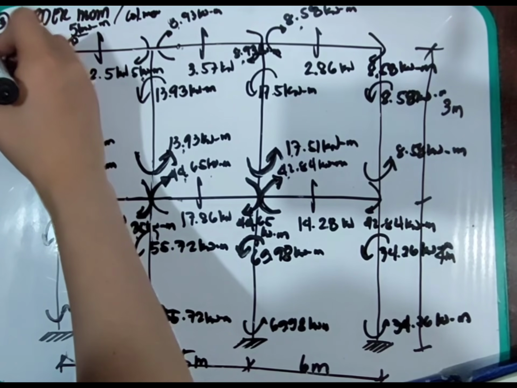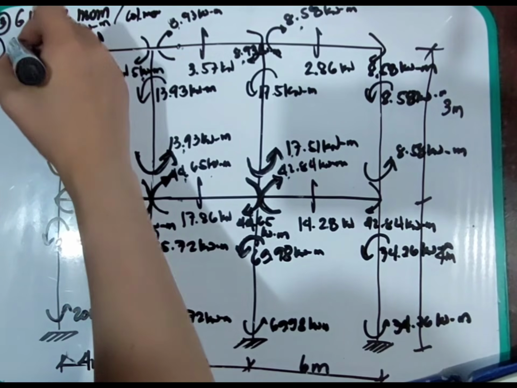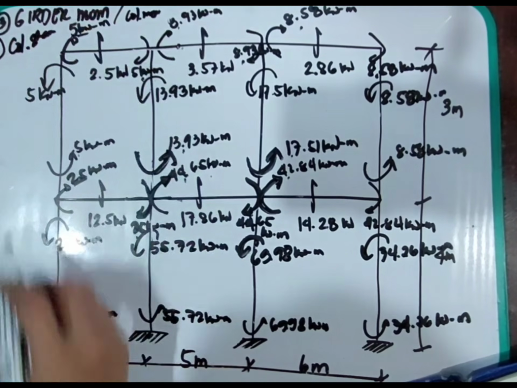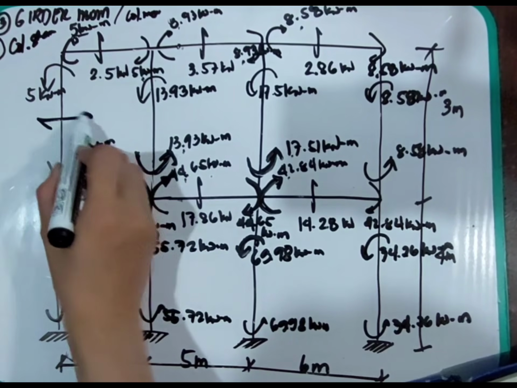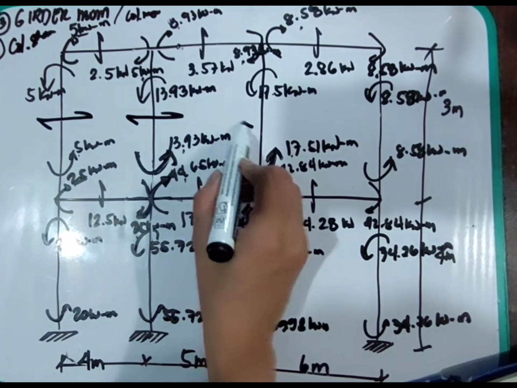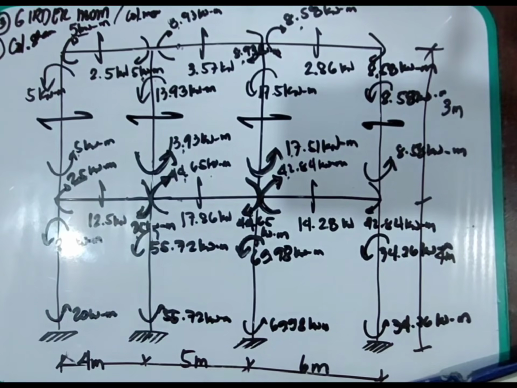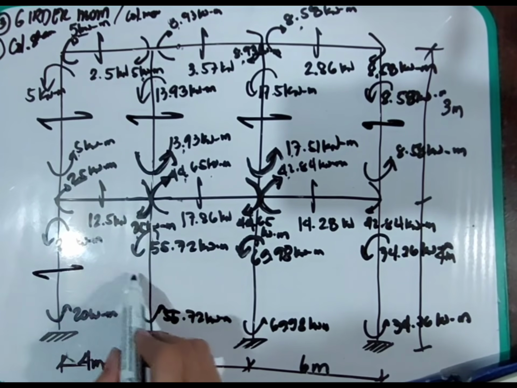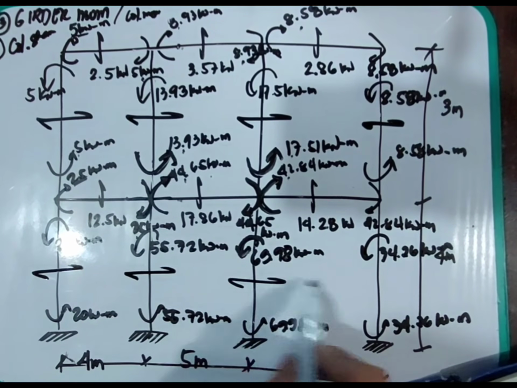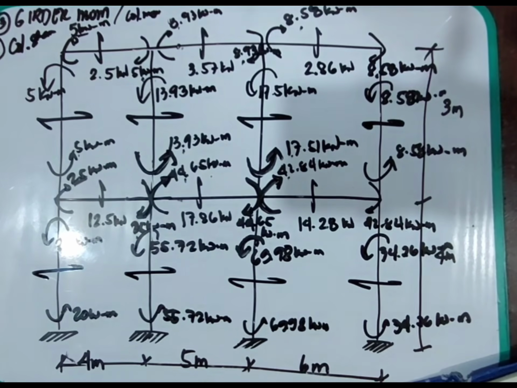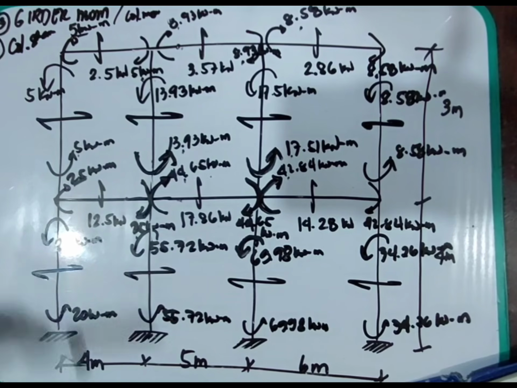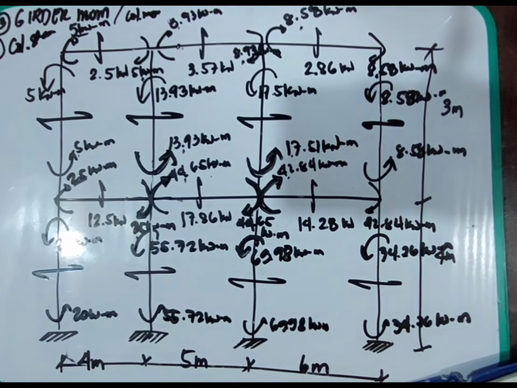Next naman tayo is step number 5, which is the column shear. For the final, which is column shear, ayan ang column shear natin. Okay, ang gagawin nyo lang, add 5 plus 5 divided by 3.